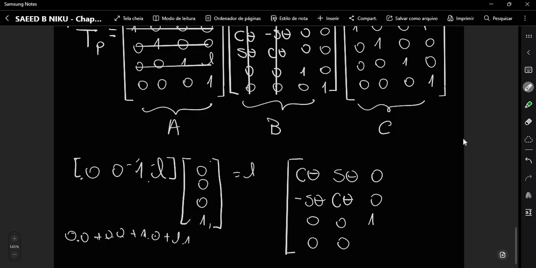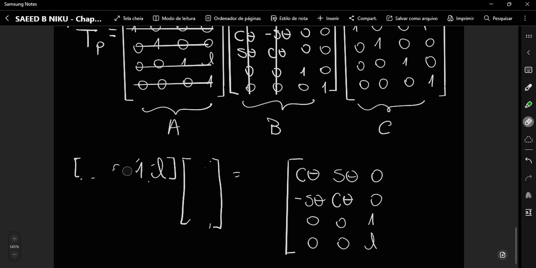So this element is equal to L. Now this last line, 0, 0, 0, 1, and let's see.